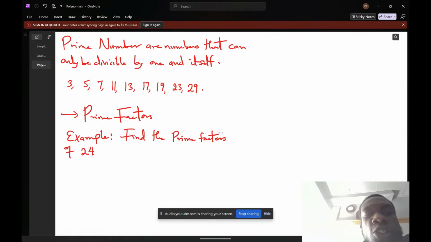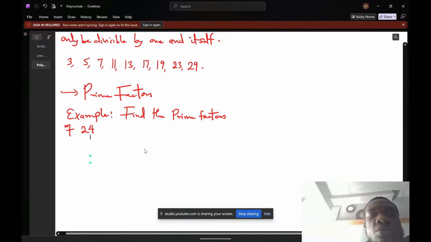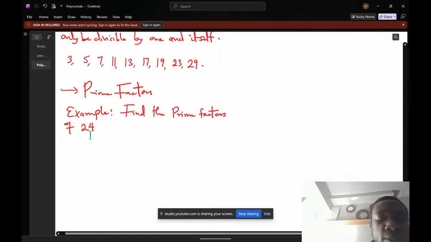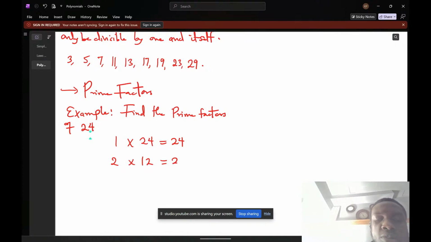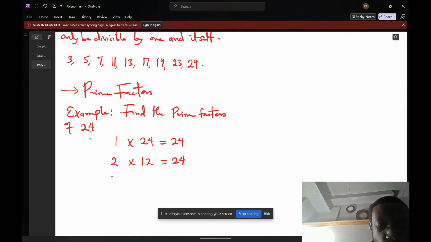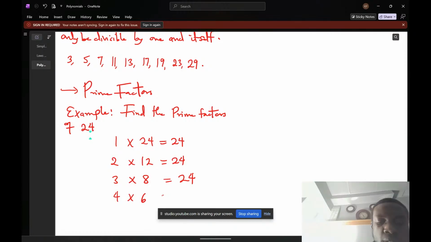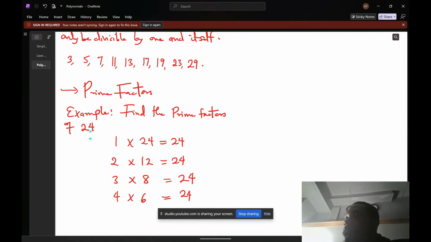We are going to look for two numbers that we can multiply together that will give 24, right? So 1 times 24 gives us 24. 2 times 12 gives us 24. 3 times 8 gives us 24. 4 times 6 gives us 24.